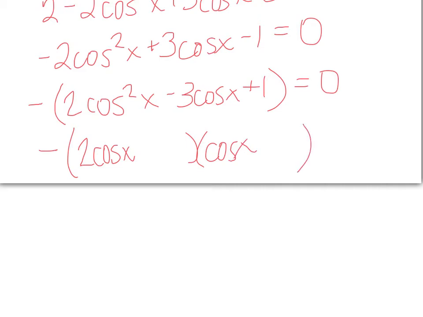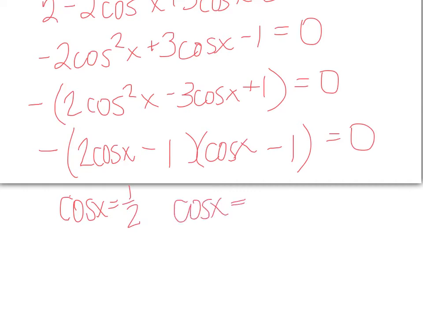And we're going to have both negatives, so minus 1 and a minus 1. The negative isn't going to matter because a negative 0 is the same as 0. Take the factors, set them equal to 0. Now you're going to have a cosine x equals 1/2 and a cosine x equals 1.